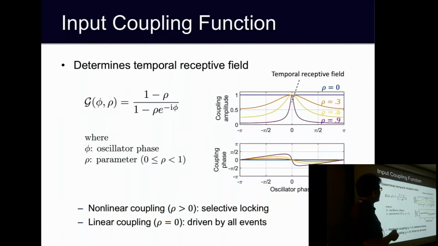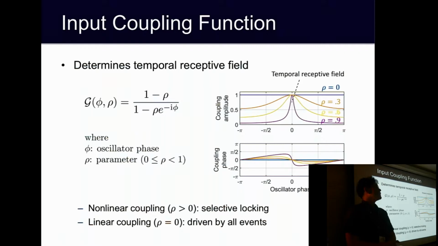When rho is 0, the function is flat as a function of oscillator phase. That means oscillators are sensitive to all input events, no matter where in their phase space the onset is falling. But with positive rho, this coupling function amplitude has a sharp peak near zero phase.